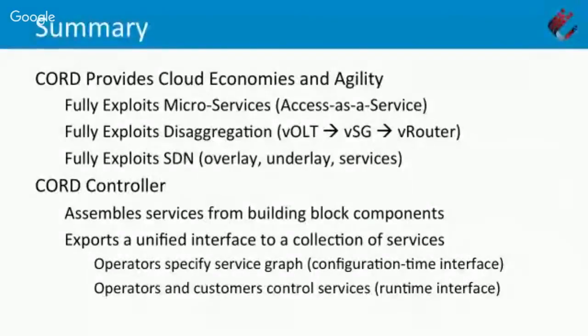Okay, so in summary, again, going back to the three peer tenets of what we're doing, cloud, NFV, and SDN, CORD does provide the economies and agility, but it does that by fully exploiting the microservices architecture, including access as a service. It tries to exploit disaggregation, and we've given you an example of that with the virtual subscriber gateway, Volt, and vRouter.